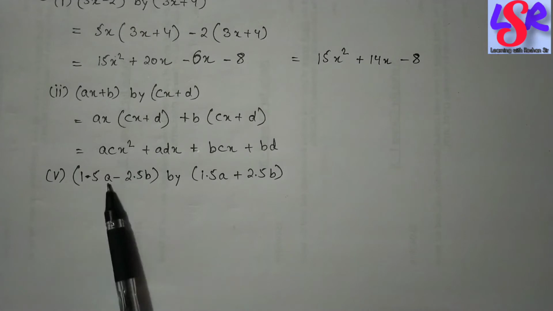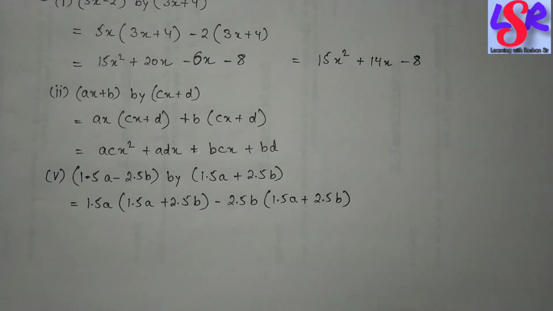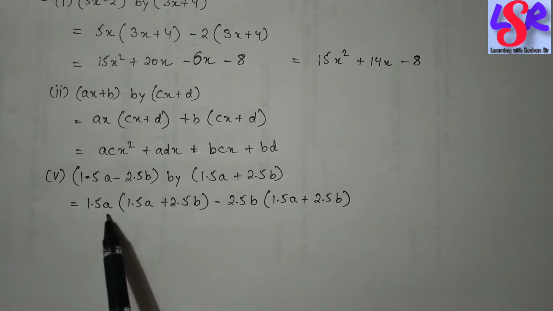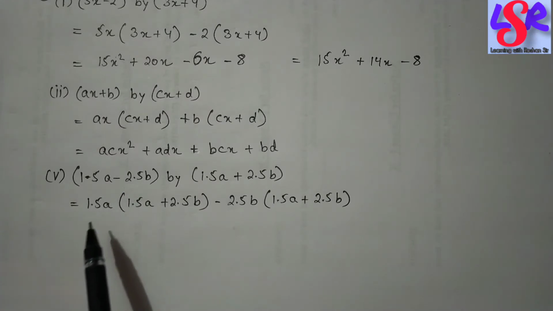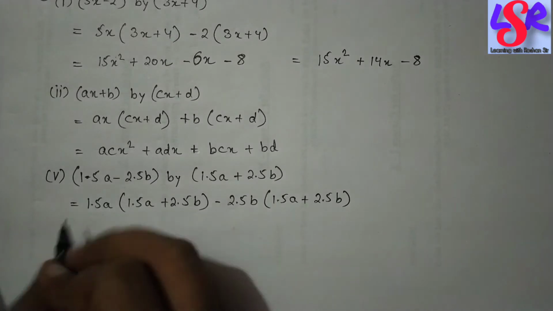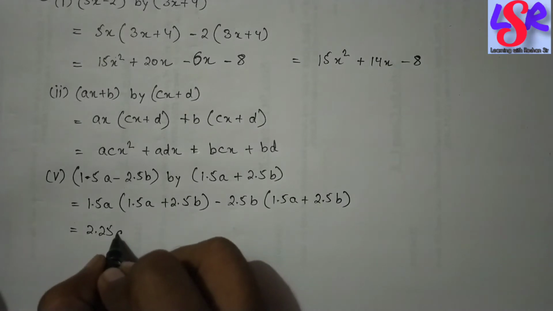We are going to take this term, then multiply by this whole, then we are going to take this one and multiply by this whole. After doing this, we are going to open the brackets, and on opening the bracket, we are going to multiply minus 1.5a into minus 1.5a, and that will be equal to 2.25 a square.